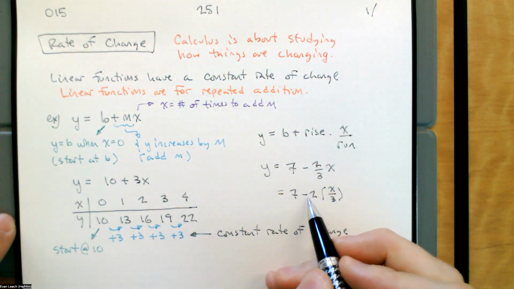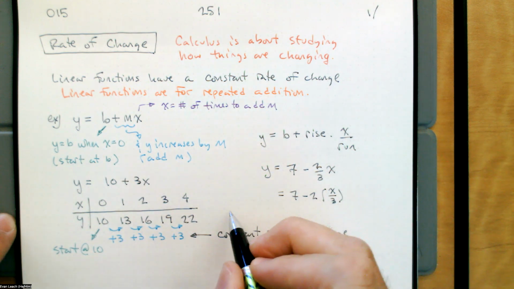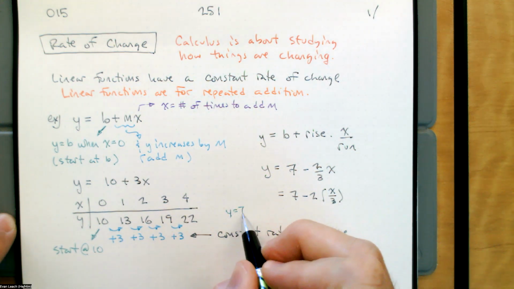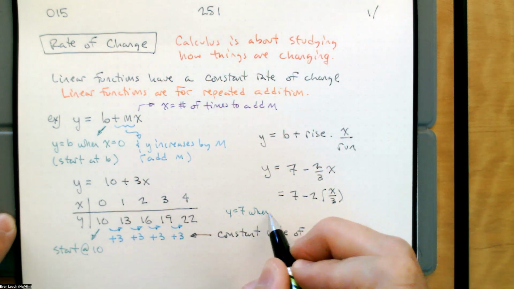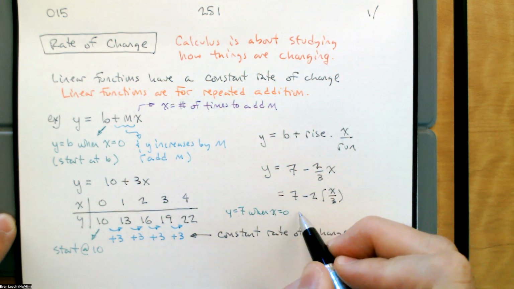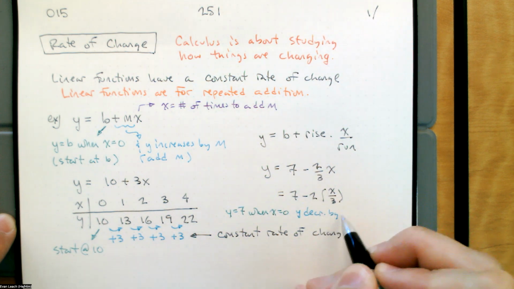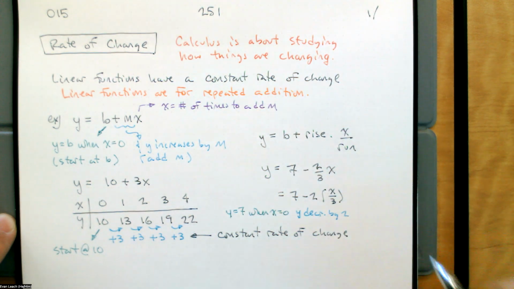So y is 7 and decreases by 2 every 3 units. Sorry, y is 7 when x is 0. And y decreases by 2 every 3 units.